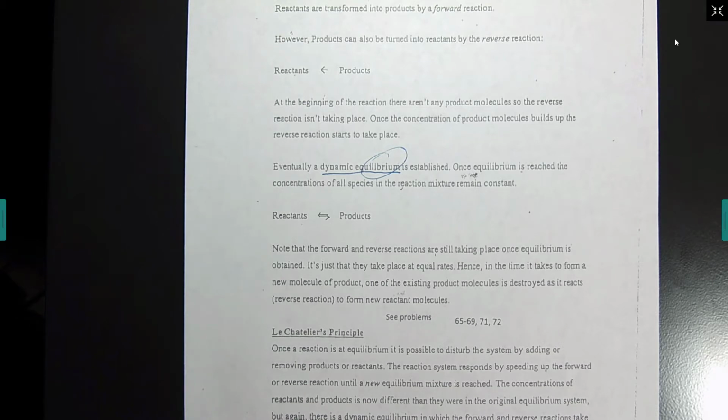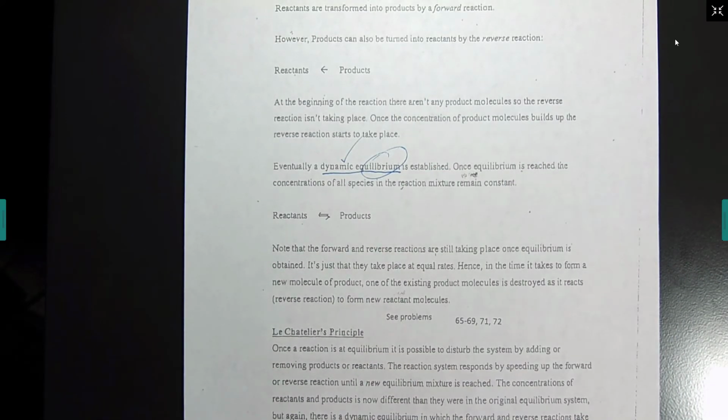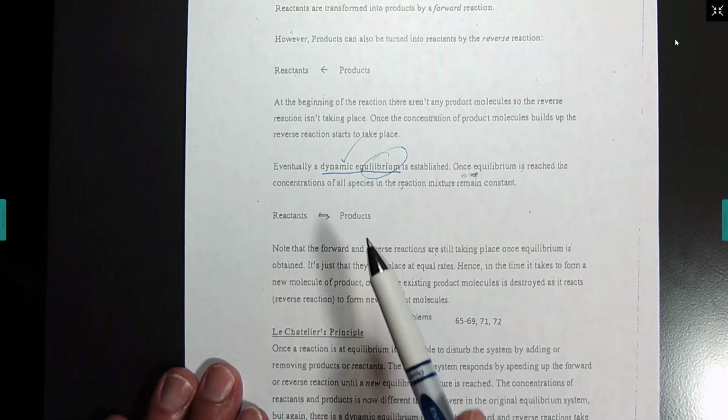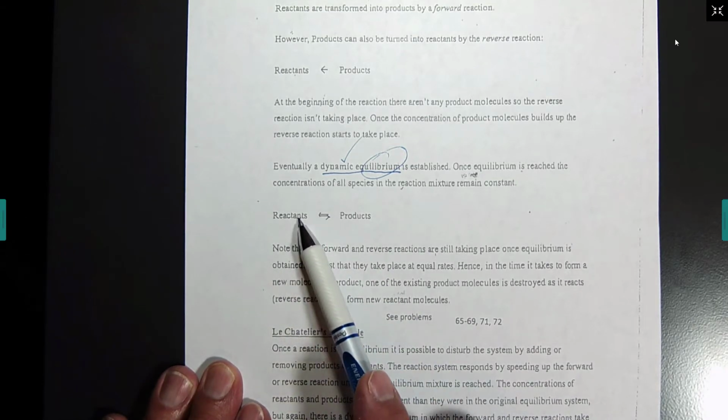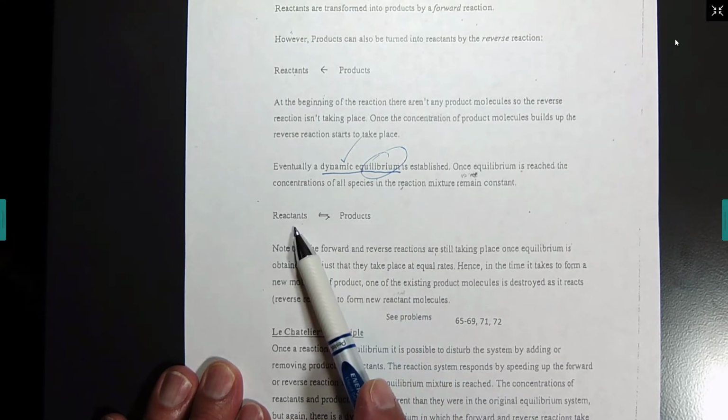You're at equilibrium. Well, what's with the dynamic thing? Guess what? Even though on the macroscopic level it looks like nothing's happening, it looks like you're not making any more products, hey, guess what? The reactants are constantly turning into products, but the products just as quickly are turning back into reactants.